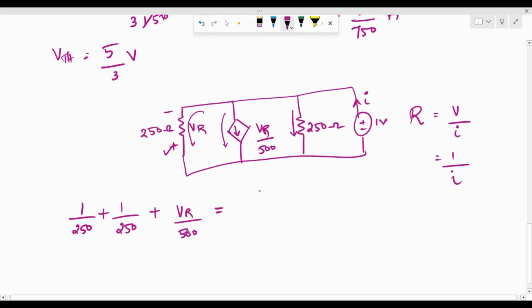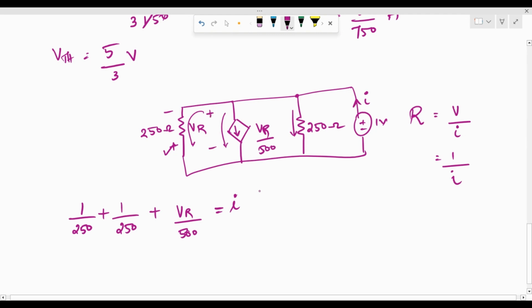All this put together should be equal to I. So this I is entering this branch and the rest are leaving the branches. So this is the total current, and it is splitting up into these three components. Now what is VR? So 1 volt is actually plus minus.